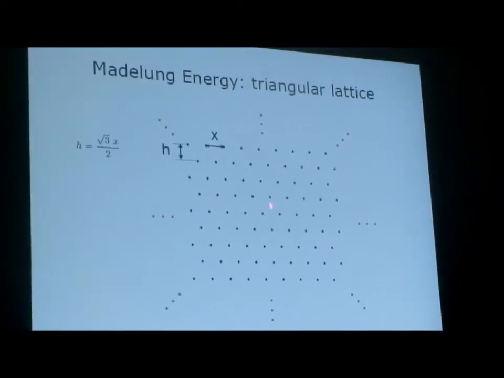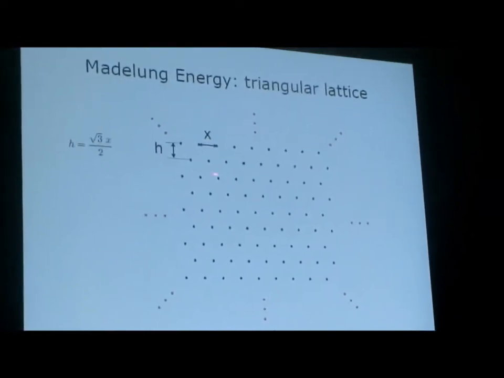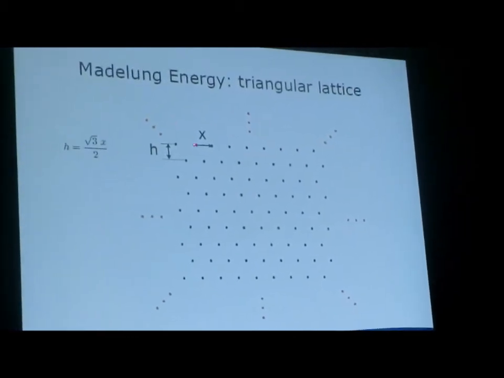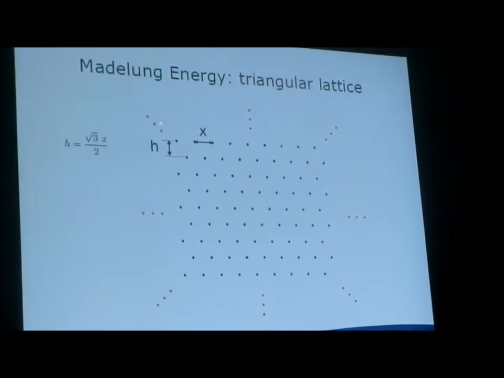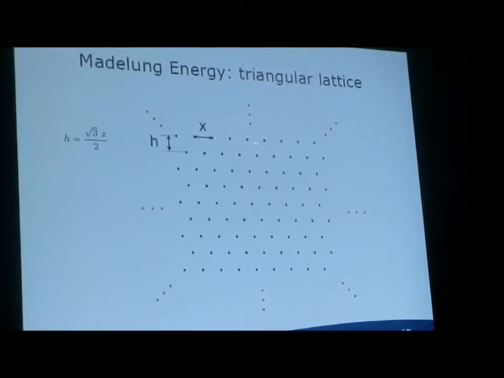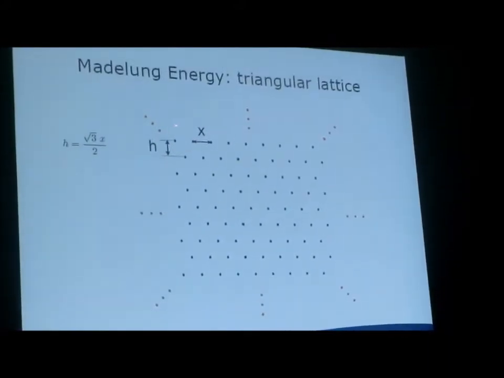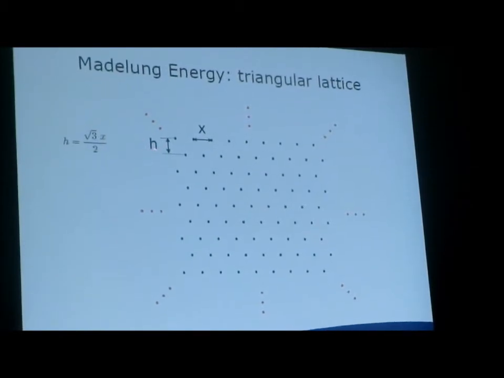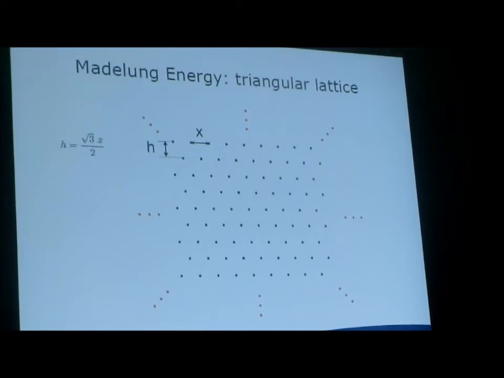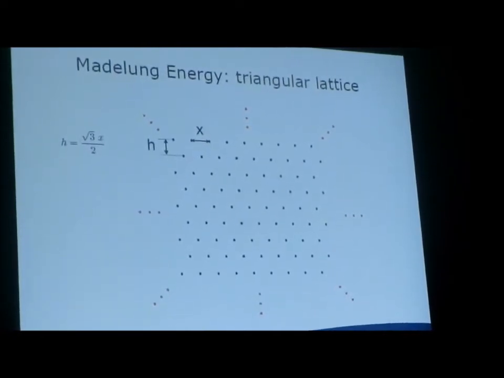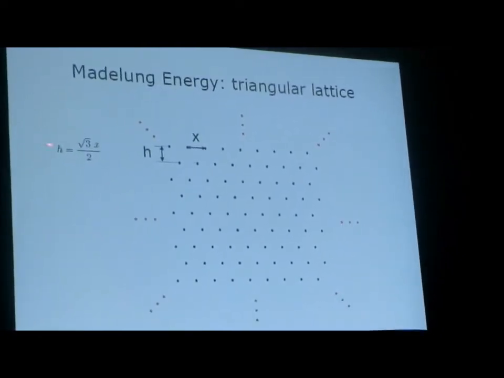Okay, so that's a regular lattice, right? That triangular lattice. You have here the interparticle distance is x, and here this distance between two rows I call h. Okay, and h by simple trigonometry I can obtain that.